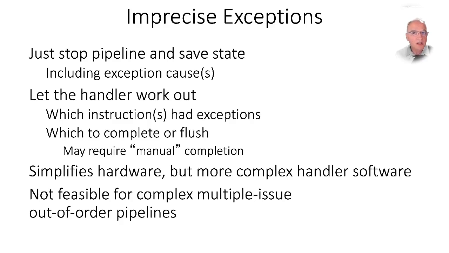Therefore, in modern designs, we only use precise exceptions, where you can precisely determine not only which instruction caused an exception, but which instructions should complete execution and which instructions should be flushed.